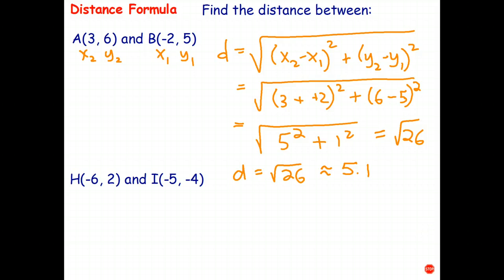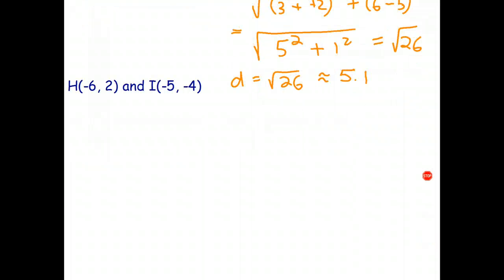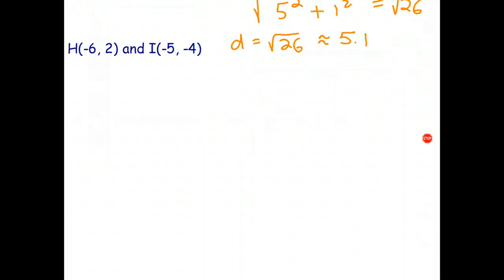Okay, welcome back, students. Well, let's go ahead and do the distance formula here. So I'll just give myself a bit of space. Again, I've got to decide which point is x1, y1 and which point is x2, y2.